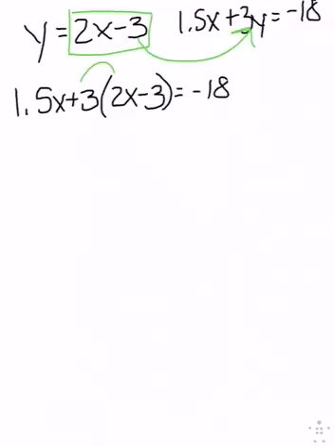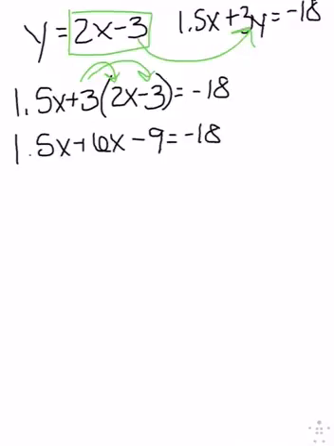We solve it by distributing to both parts of the parentheses, and we get 1.5x plus 6x minus 9 equals negative 18.